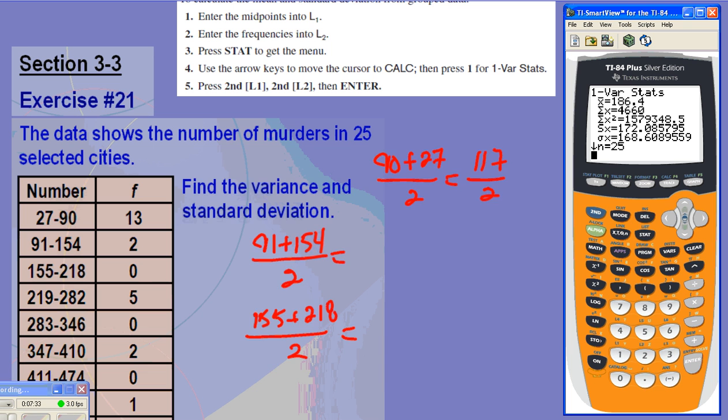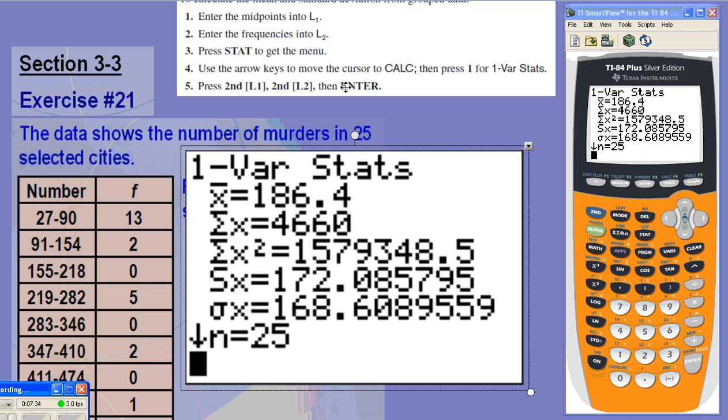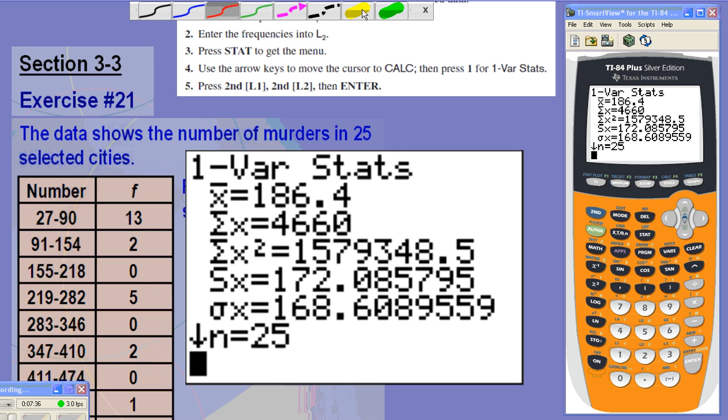Alright, so the key thing here is that it tells us our standard deviation is 172.0857. So we could say 172 if we wanted to. Our mean is 186. Another key thing for us to think about is what would be our variance.